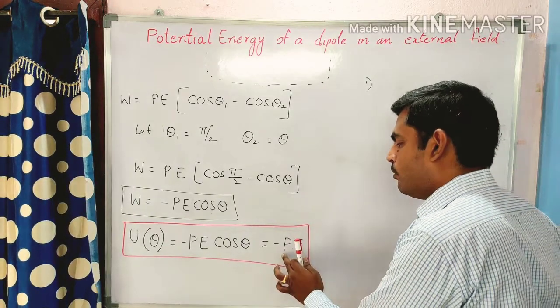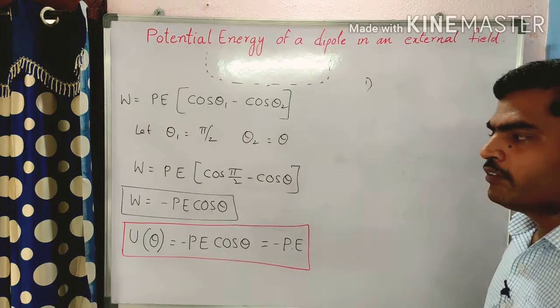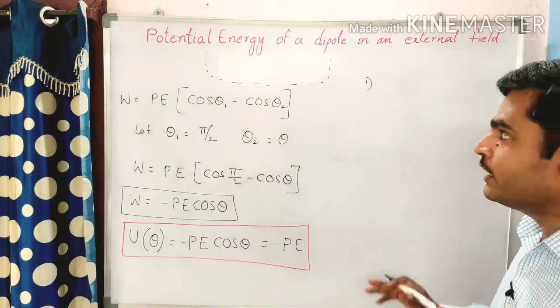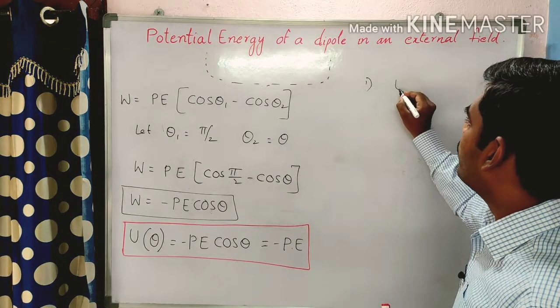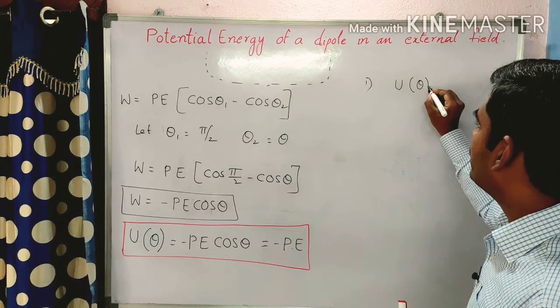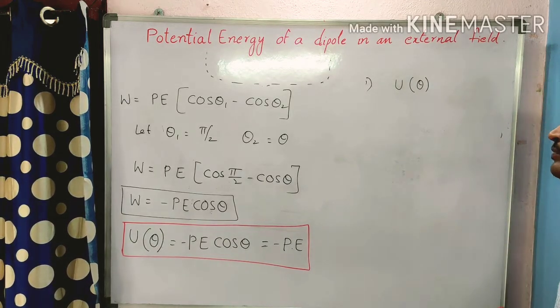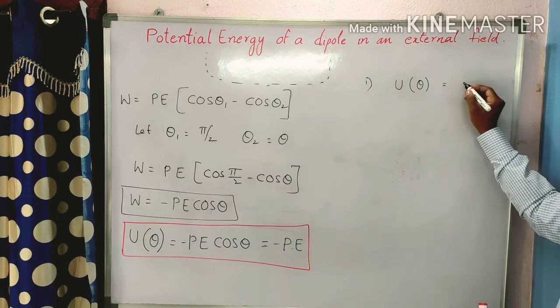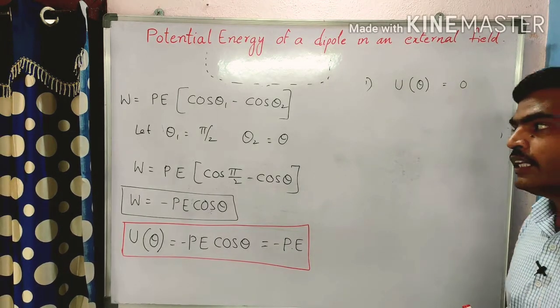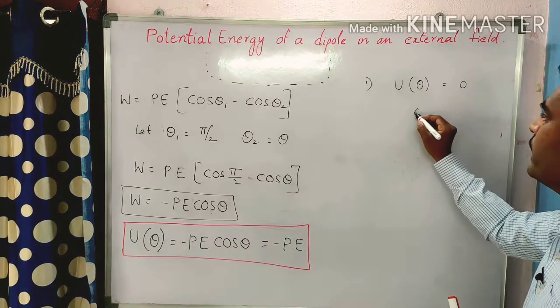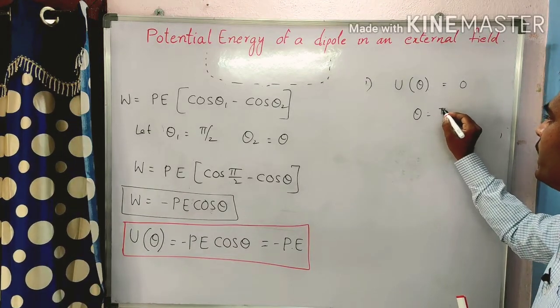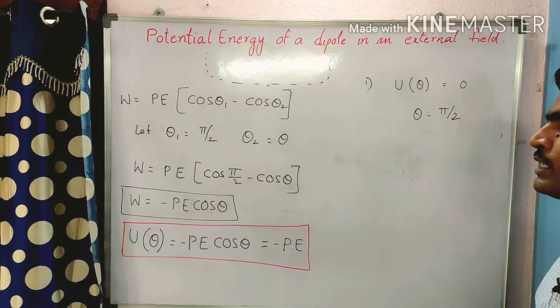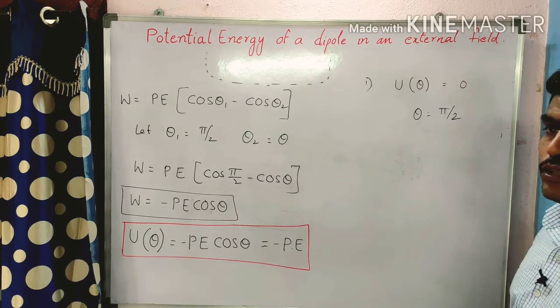P is the dipole moment and E is the electric field. So the potential energy of a dipole placed in an electric field is equal to 0 when theta is equal to pi by 2.